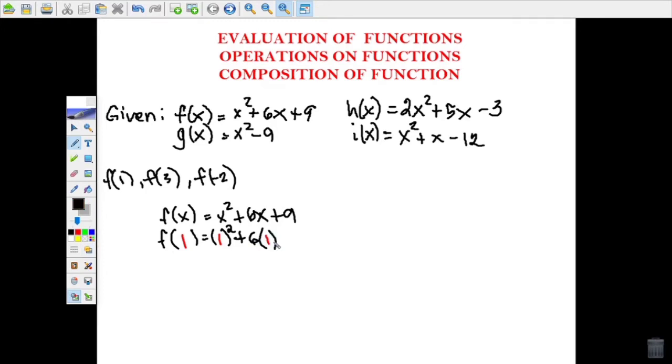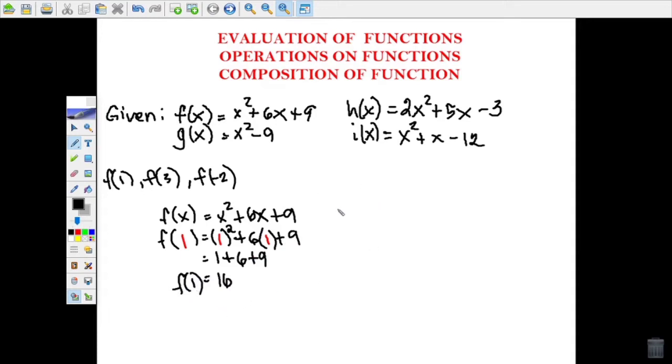So 6 times 1 plus 9. Then therefore, i-solve ko na lang yan. So 1 squared is 1 plus 6 times 1 is 6, okay, plus 9. So if I add all these three, the answer is 16. So therefore, the value of f of 1 is 16.